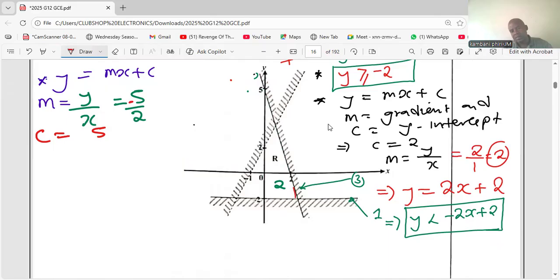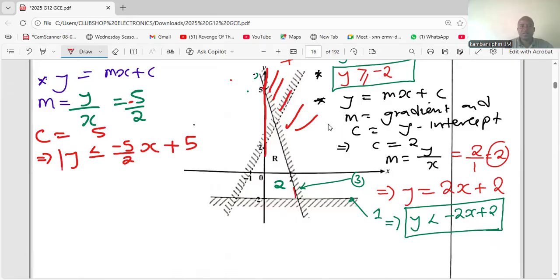We look at the unshaded region. At the point of contact here, as you go above here, it is greater. Below 5 and below here, it is less. So this implies that your inequality is y is less than or equal to -5 over 2 x plus 5. This is your inequality.